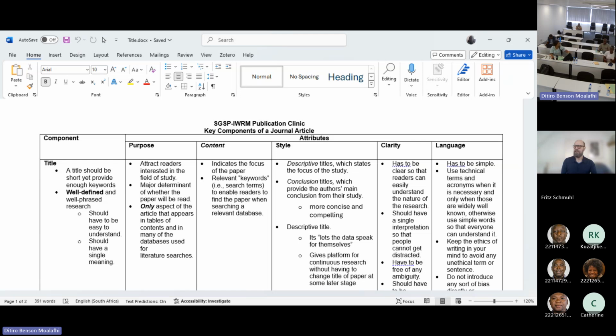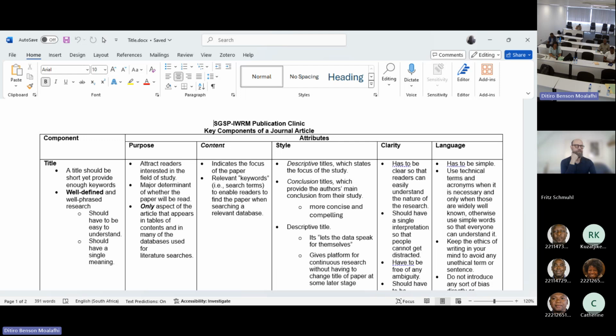And ultimately, the conclusions on the discussions. Okay, the introduction on why you do the study, the methods, what did you do? And the results, what did you find out? And the discussions, how does the study, the output advance the field?